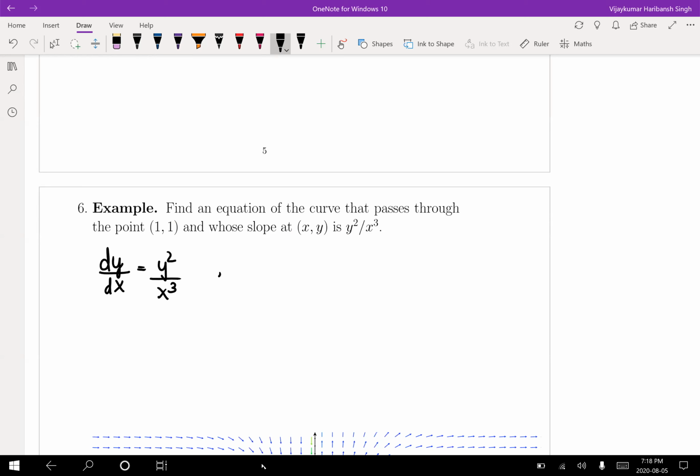And what else is given? We are given that when x is 1, y is 1. So y of 1 is 1. So now your equation has translated to the following initial value problem. Can we solve this? Yes. Why? Because this is separable.